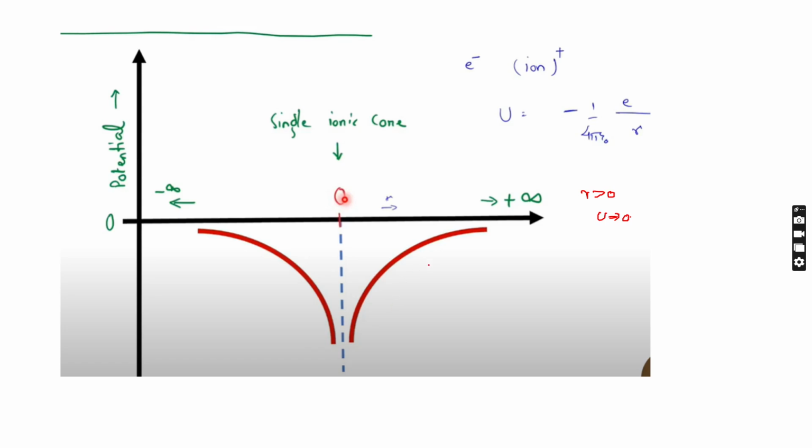So when the distance decreases, the potential will also decrease. Similarly on the other side also, so it looks identical. This is the case of the single electron.